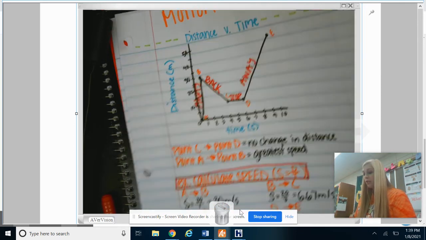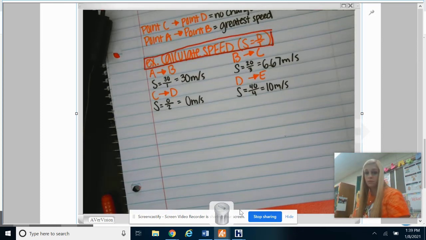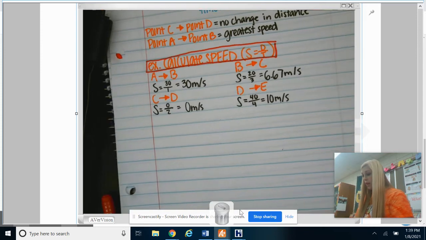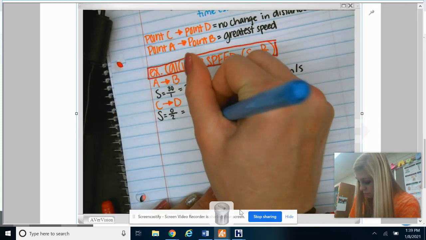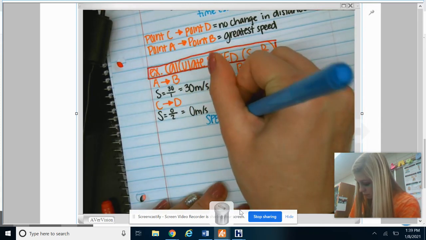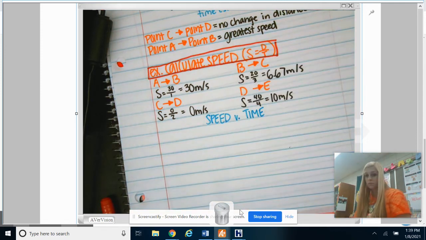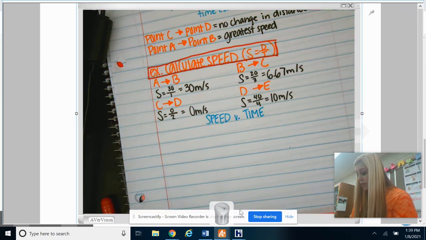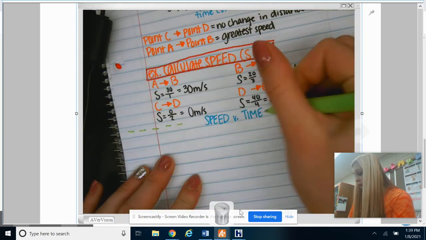Now let's look at another type of graph. Let's look at a speed time graph. And remember what I showed you at the beginning. These are going to be different because it's a different type of graph.